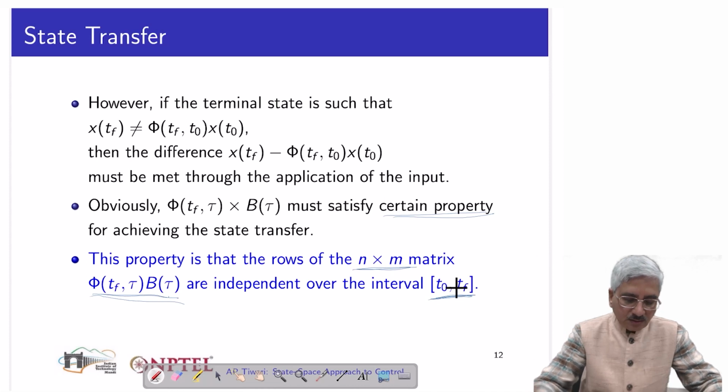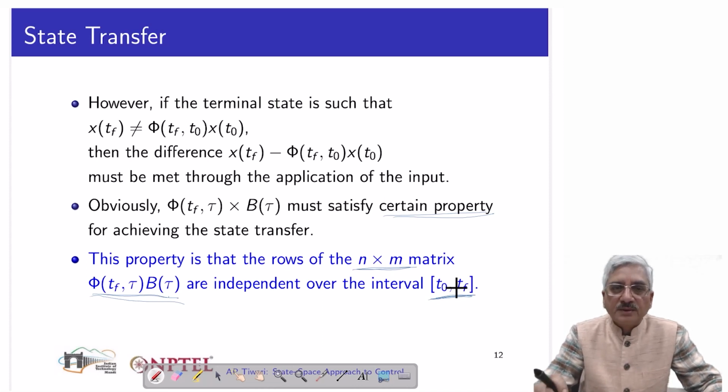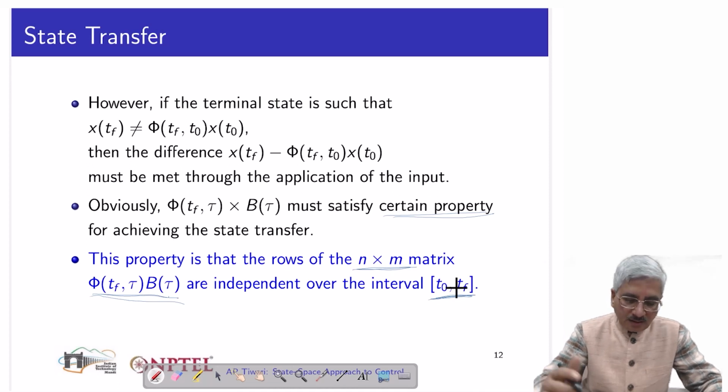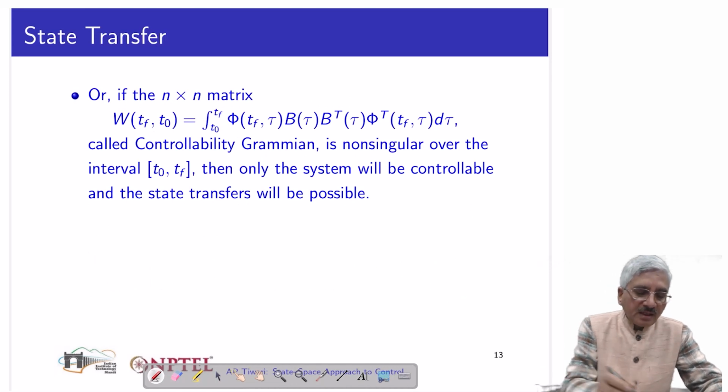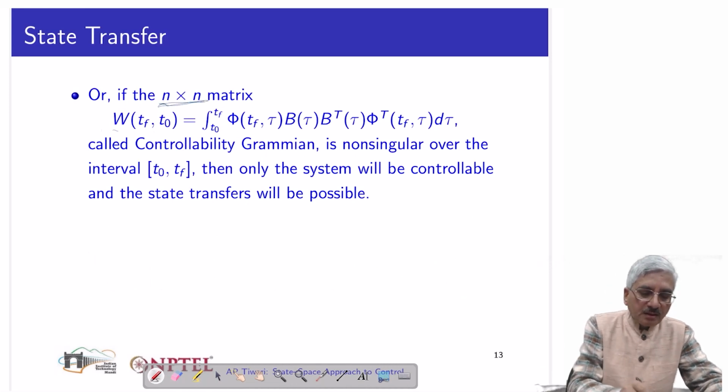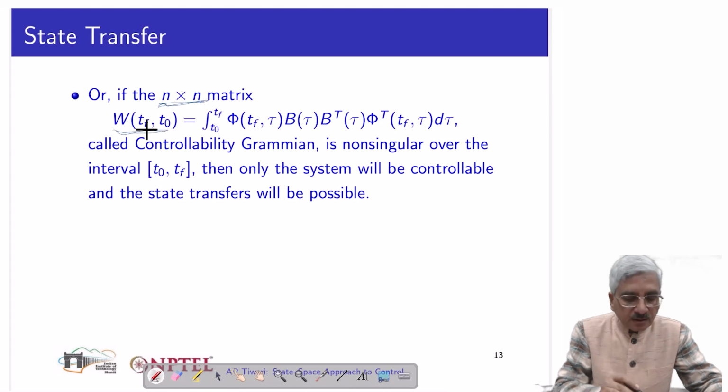So if these rows are independent, then the input will be able to contribute to the desired terminal state of the system, and this independence is given by this n by n matrix denoted by W, evaluated between t0 and tf.